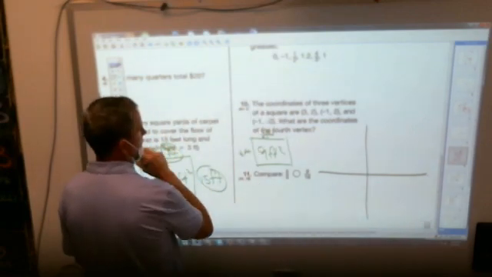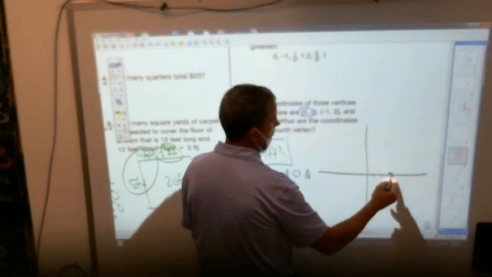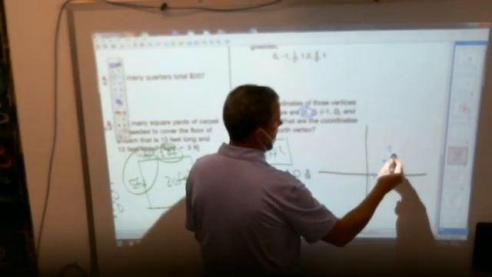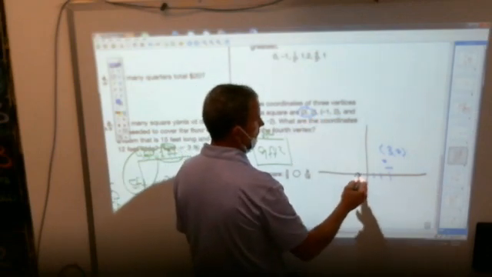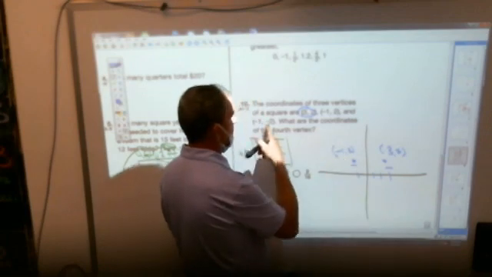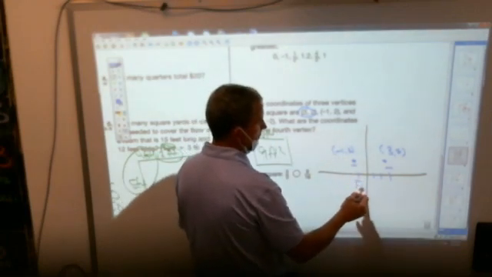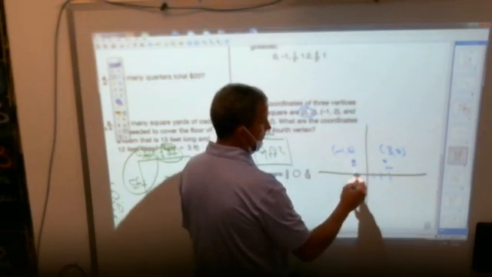You are drawing these vertices. Did you go 3 over, 2 up? 1, 2, 3 over, 2 up? Yes. And then negative 1, up 2. And then negative 1, negative 2, which means you go down 2. So here are your 2 sides.